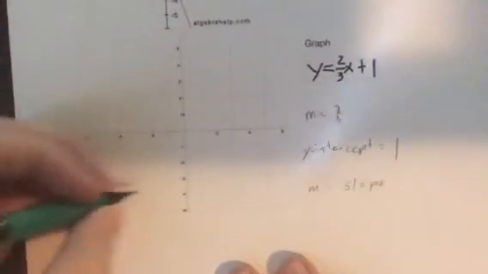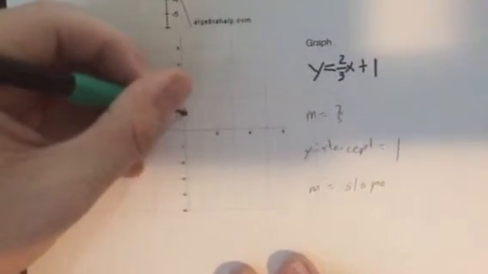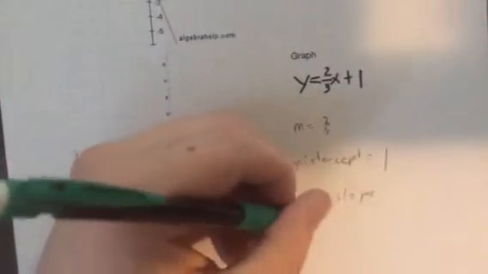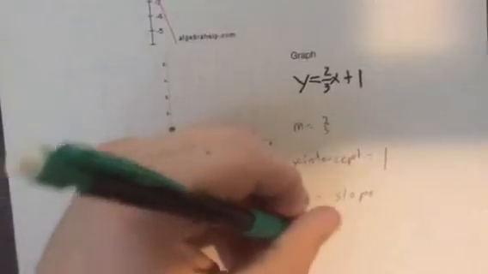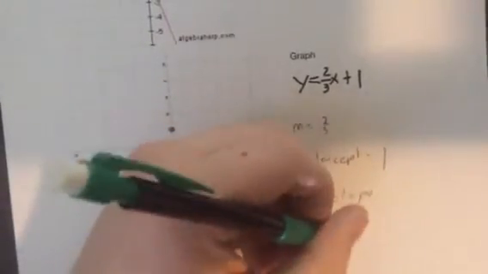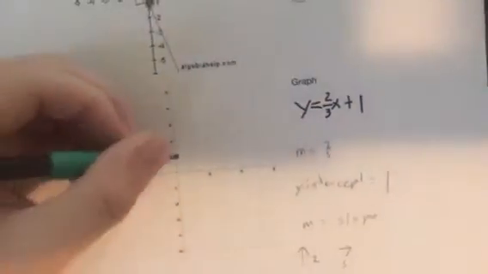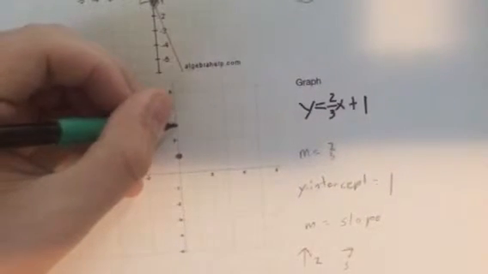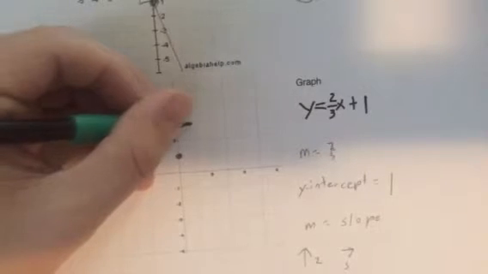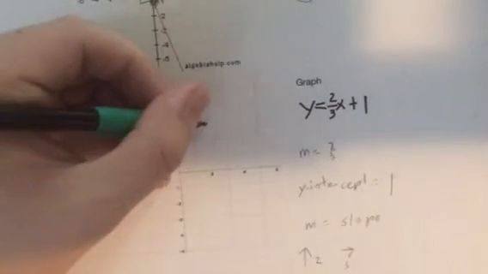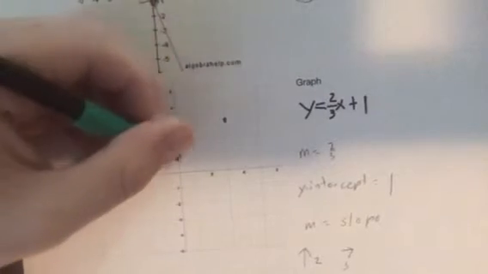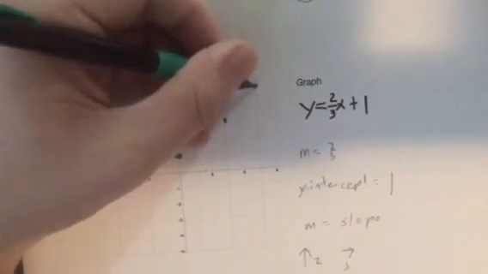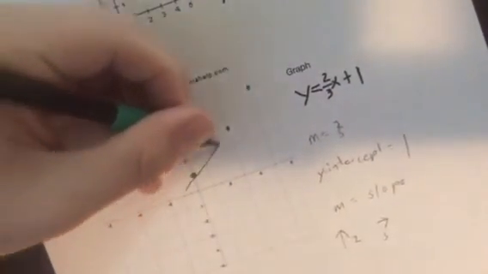So you start at 1 right here as the y-intercept, and you go up 2 over 3. So we go up 1, 2, and over 1, 2, 3. Up 2 over 3. And that is our line.